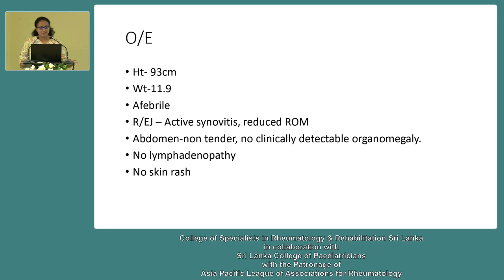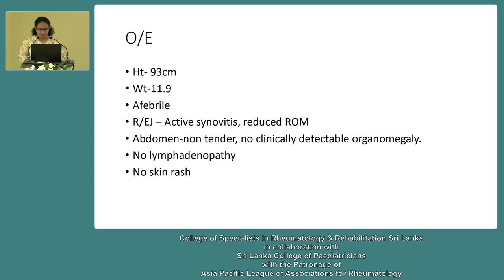On examination, she had short stature, she was afebrile, and on examination of the joints, the rest of the joints were all right except for the right elbow joint, which showed active synovitis, as well as reduced range of motion, especially with full extension of the elbow. The rest of the system examination was normal.